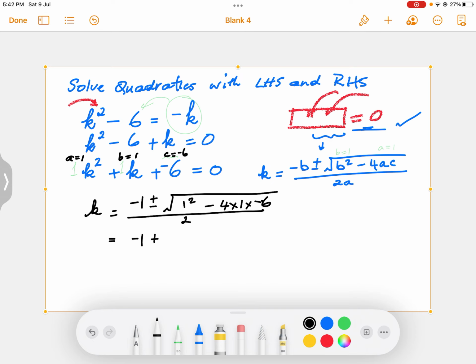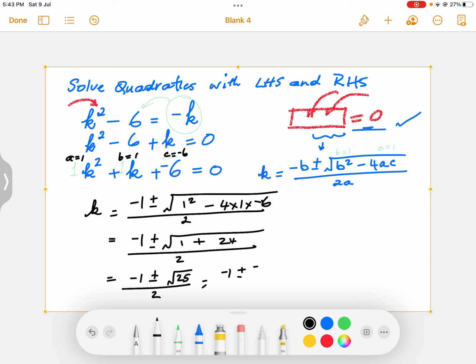So we've got negative 1 plus and minus the square root of 1 plus 24, over 2. So negative 1 plus and minus the square root of 25 all over 2. The square root of 25 is 5. So negative 1 plus and minus 5, all over 2.